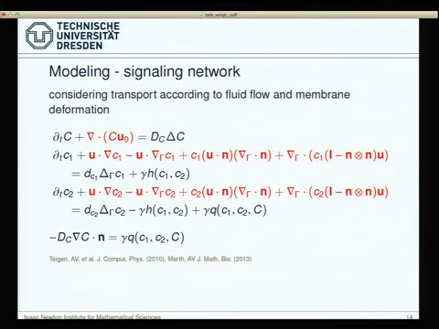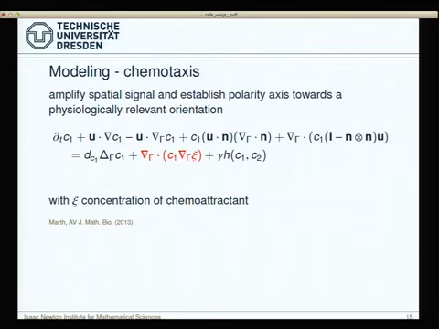Well, the models are quite similar to models for surfactants on droplets or so. Then you have the same type of terms. And well, the last thing I would like to account for was chemotaxis, just to amplify some spatial signal and set some physiologically relevant direction.